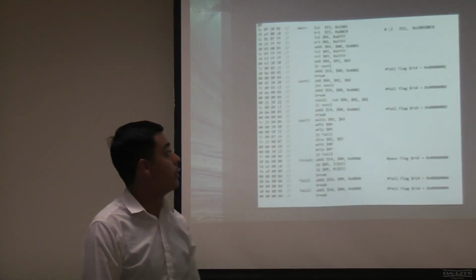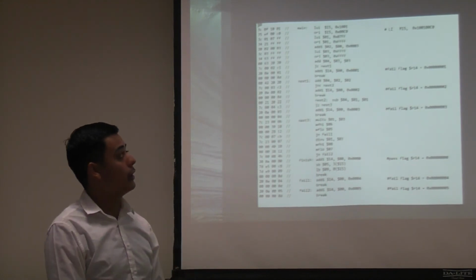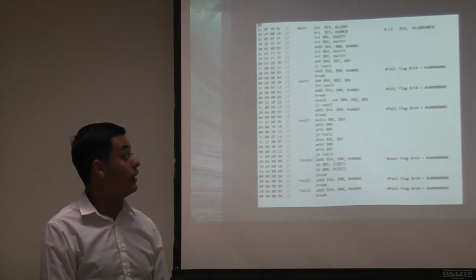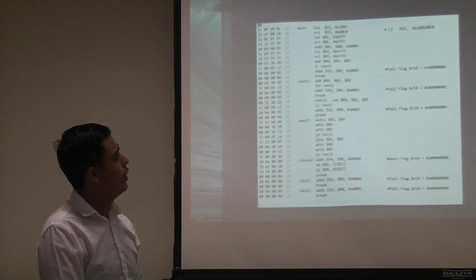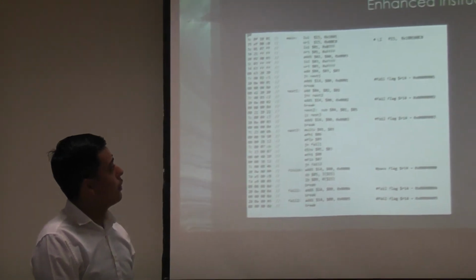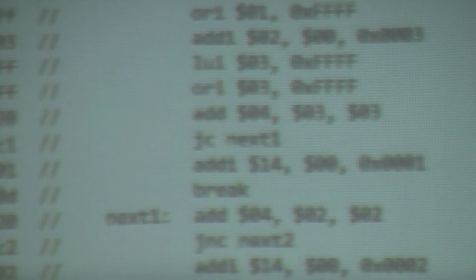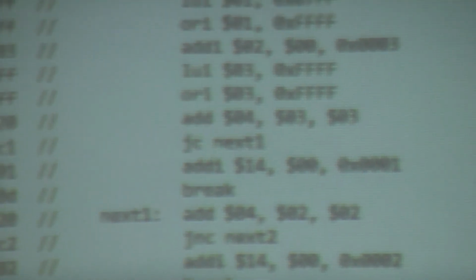This is the code that we wrote for testing the majority of our enhanced instructions. So here all we're doing is we're loading values to a couple of our registers, and then we're doing operations on them that will either set or clear the conditional flags.